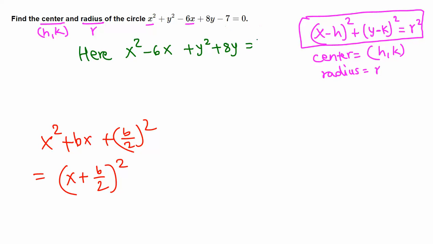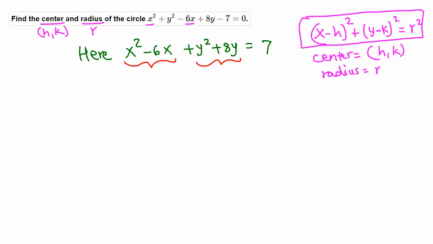Now we need to complete the square here and same thing here. Sometimes you might only get y squared. At that time you don't have to complete the square, because y squared is the same as (y minus 0) quantity squared, and done. But we need to do it twice here.